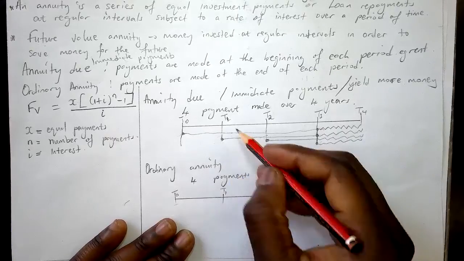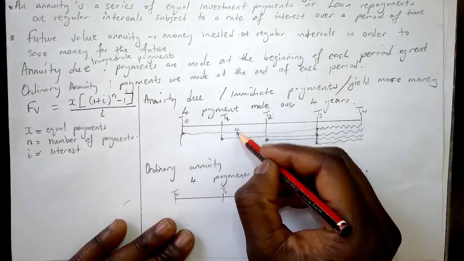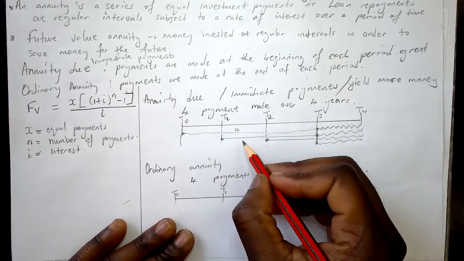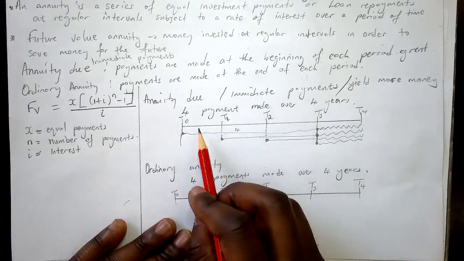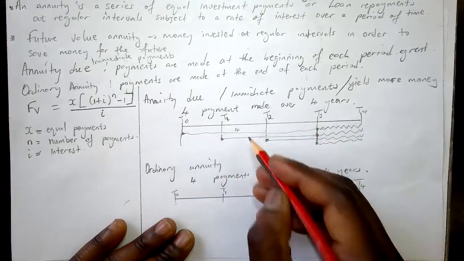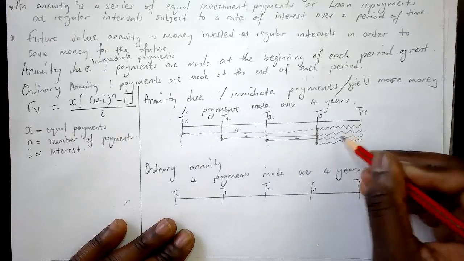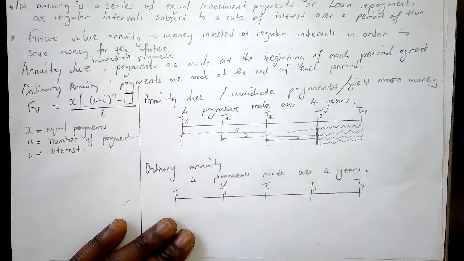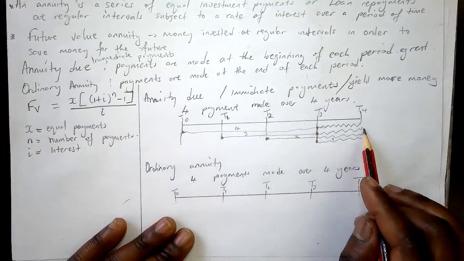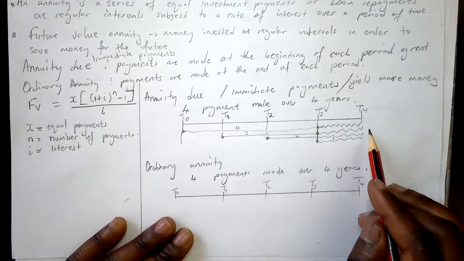So you have this amount growing for 4 years. This one is growing for how many years? So it's going to be 1, 2, 3, 4. This one growing for 3. This one growing for 2. This one growing for 1 year. That's what you're having here. So in other words, you have more money here at the end of the fourth year.